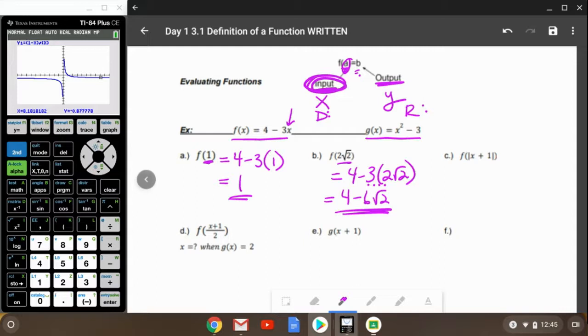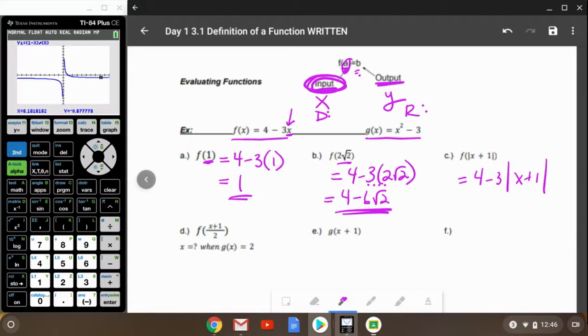Same thing with letter C. Now we're going to replace the x with the absolute value of x plus 1. So I'm just going to do 4 minus 3 times the absolute value of x plus 1. I'm just plugging in the absolute value of x plus 1 for x. There's nothing I can do at this point, right?